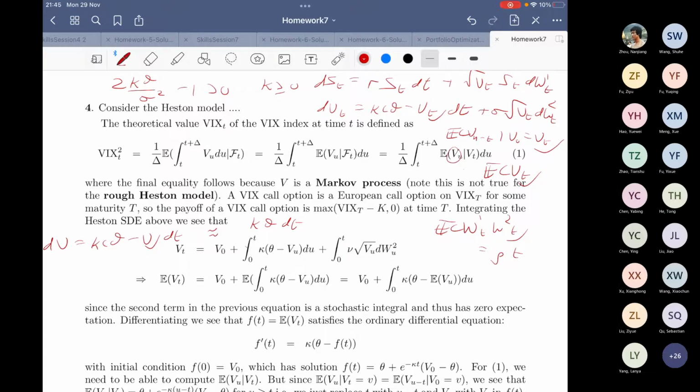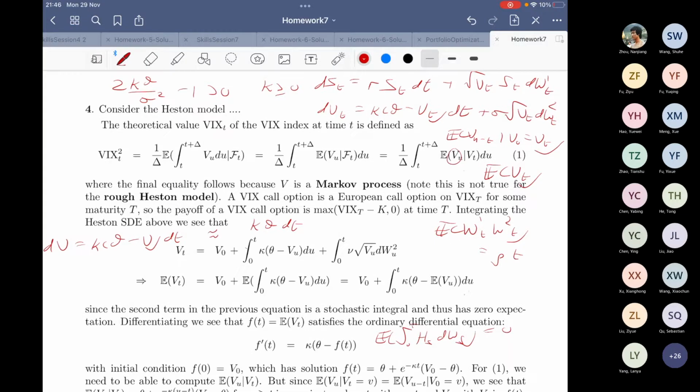The general rule for a stochastic integral of H_s dW_s is that the expectation is zero provided the integral of the expectation of H_s squared ds from 0 to t is less than infinity. Technically you would have to justify this, and anywhere else you want to use this trick, you'd have to go away and prove that this is true, but it could be proved.